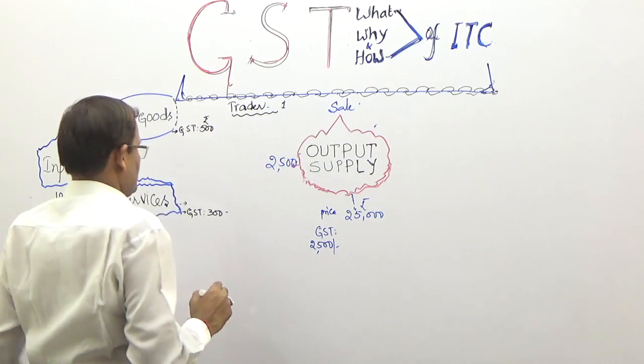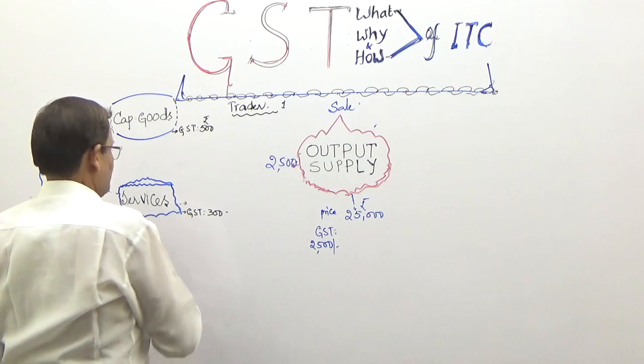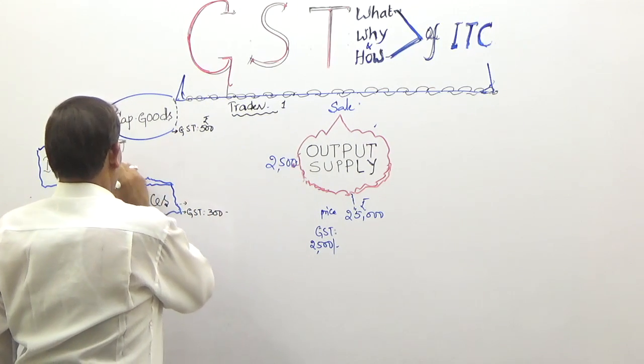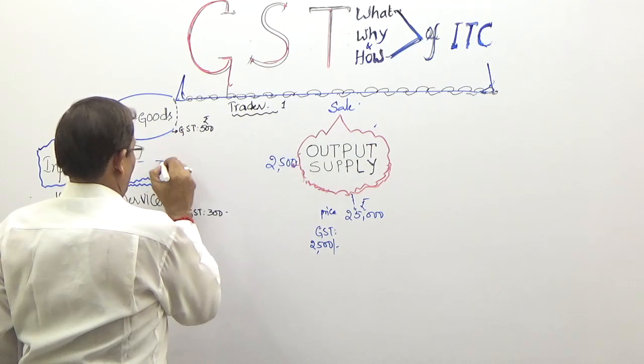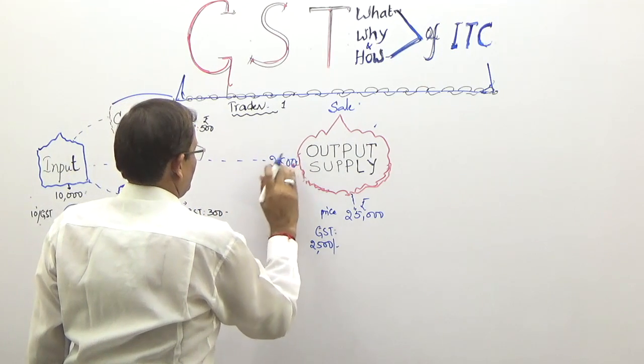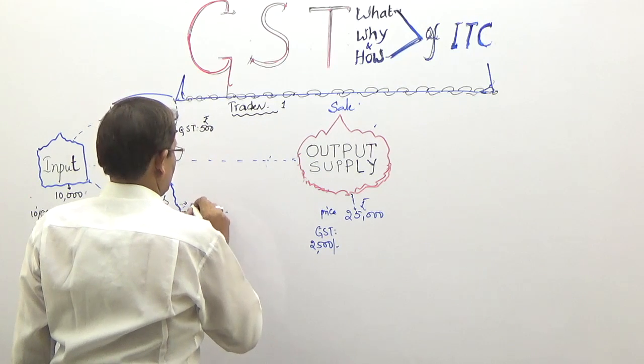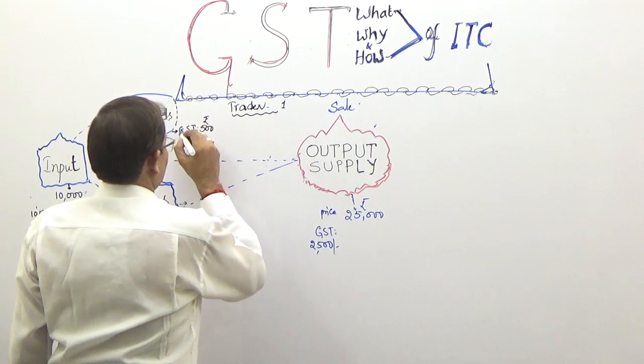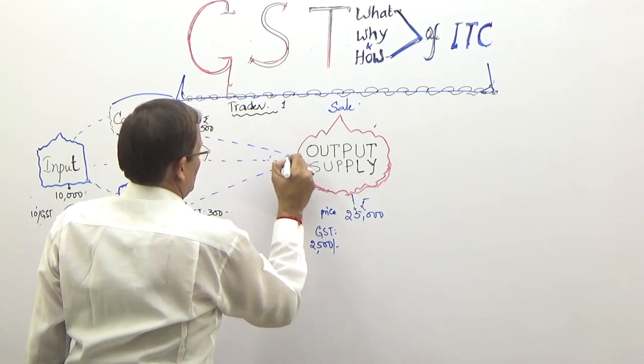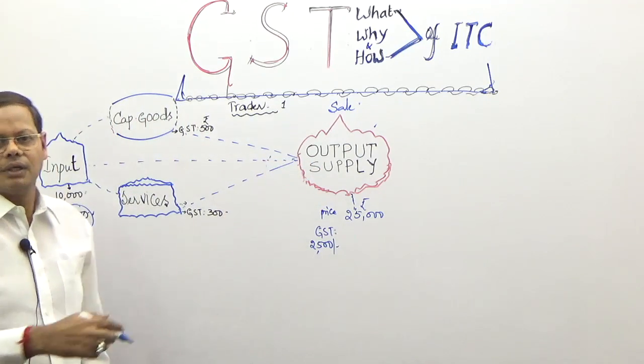Okay. So this 1,000 rupees, because you know, input, input services and capital goods, all the three have been used for his business.